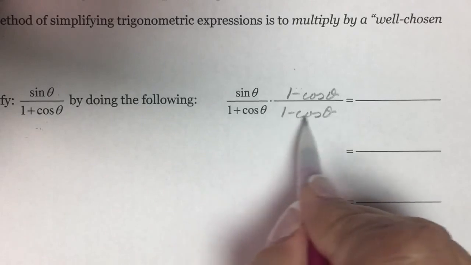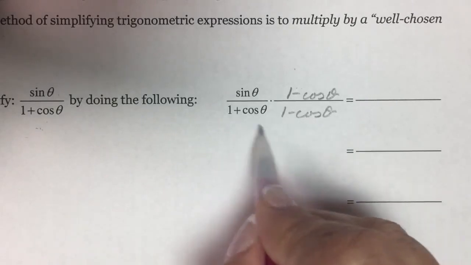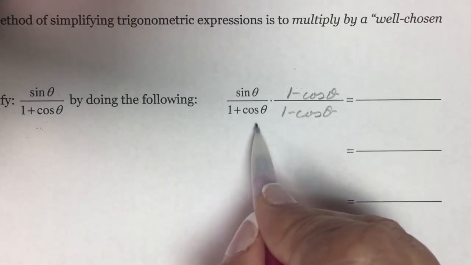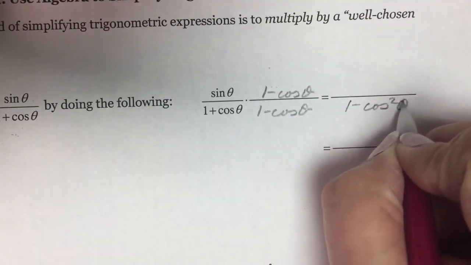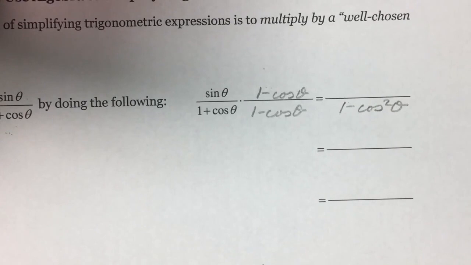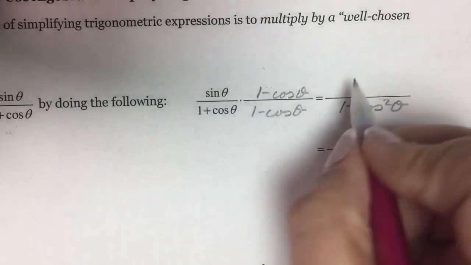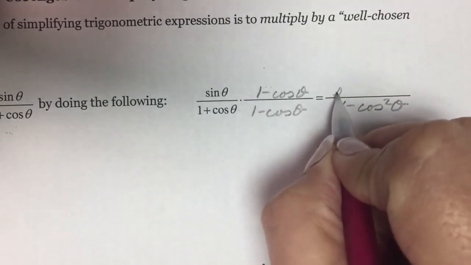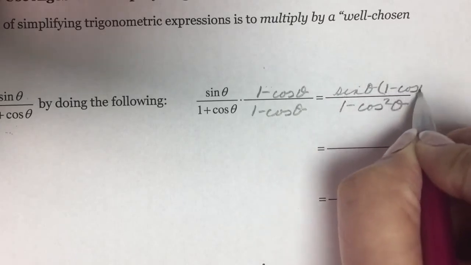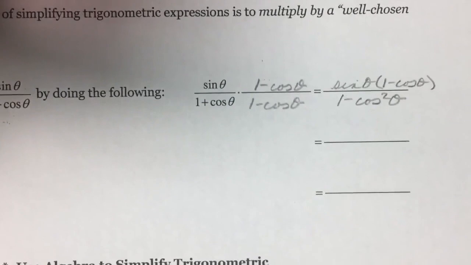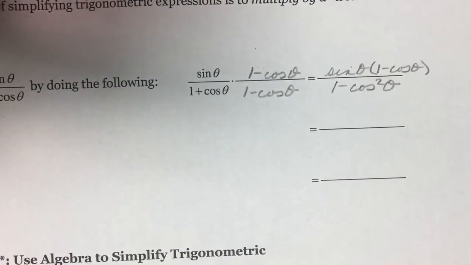If I multiply out the denominators, if I were to FOIL these two trig expressions out, I would get 1 minus cosine squared theta. If I multiply out the top, well, I'm actually not going to multiply it out, but I'm going to write it over the same denominator. So now, why was that such a good one to choose?